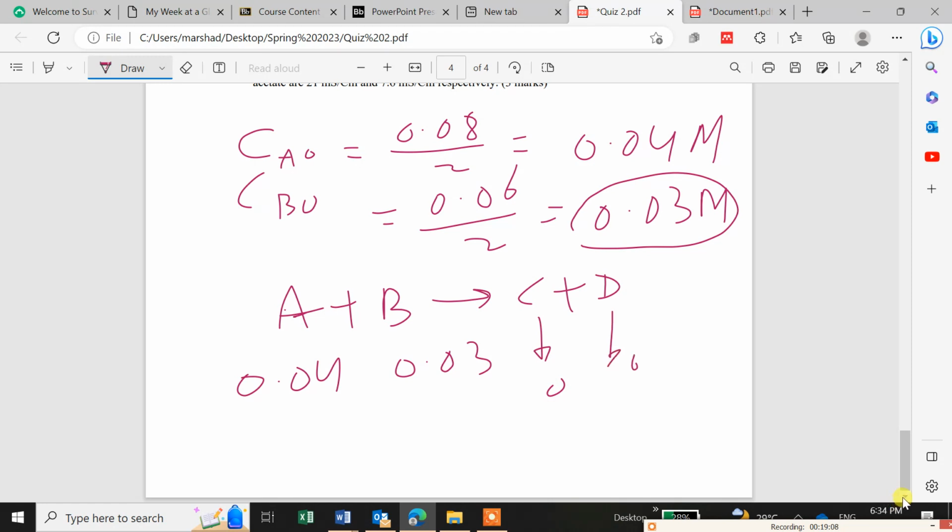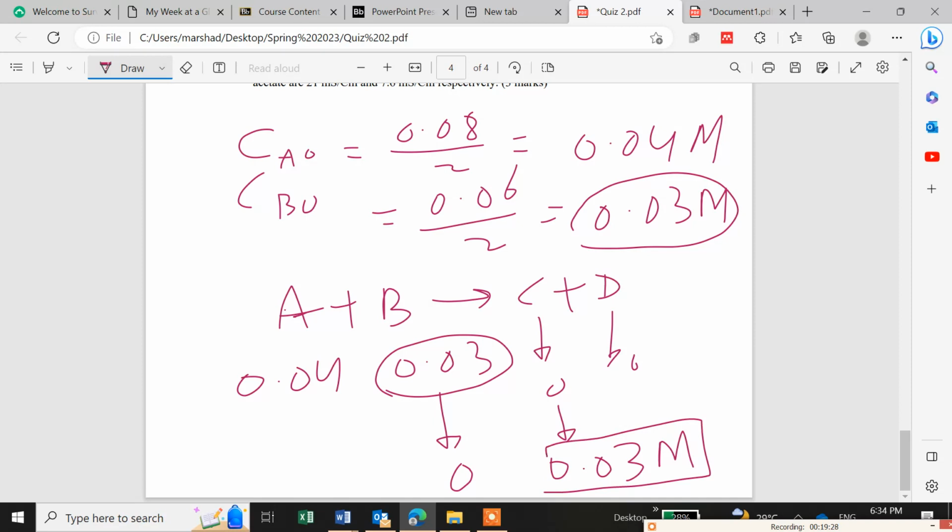So when the conversion is 100% of the limiting reactant, this will be 0, right? So 1 mole of B gives you 1 mole of C. So we will have 0.03 molar sodium acetate. C is sodium acetate. D we don't care because it will not have any conductivity.